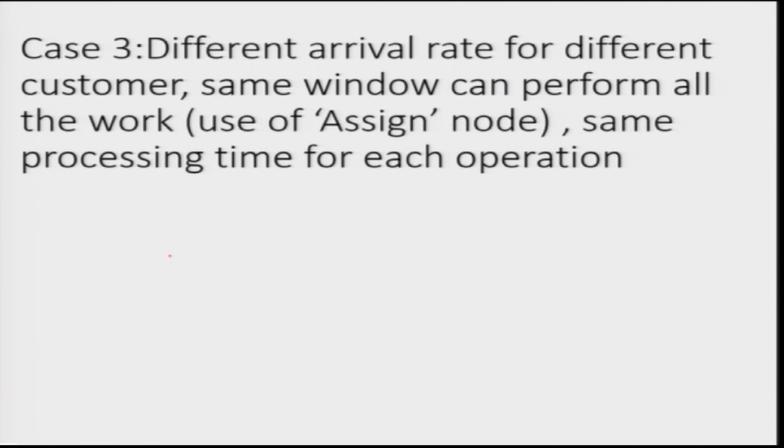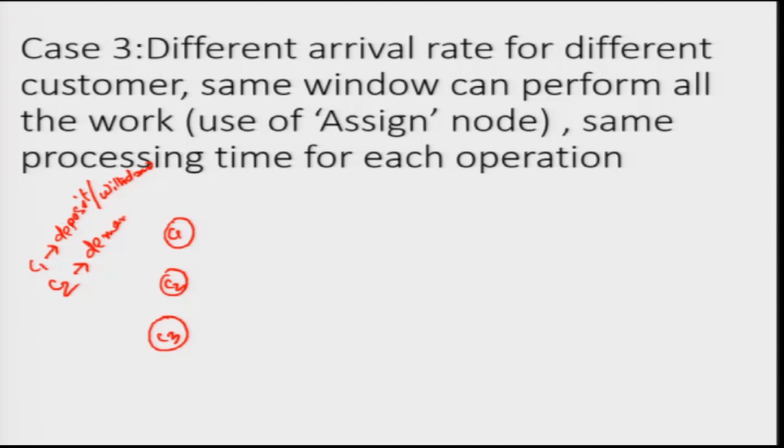First, we'll start with the previous case. We use three different create nodes. C1 is for the customers that require money deposit or withdrawal. C2 is for the customers who require a demand draft.